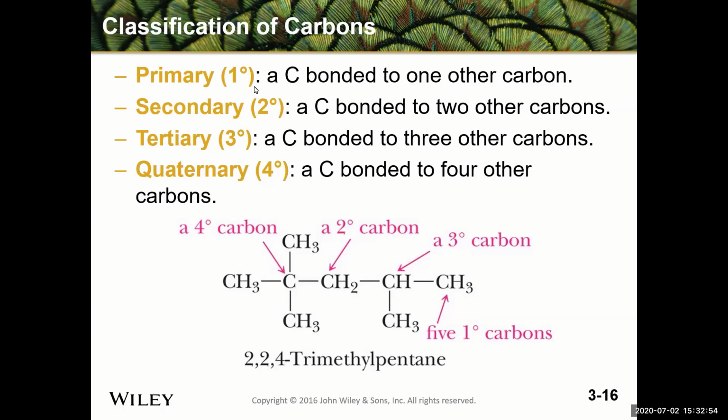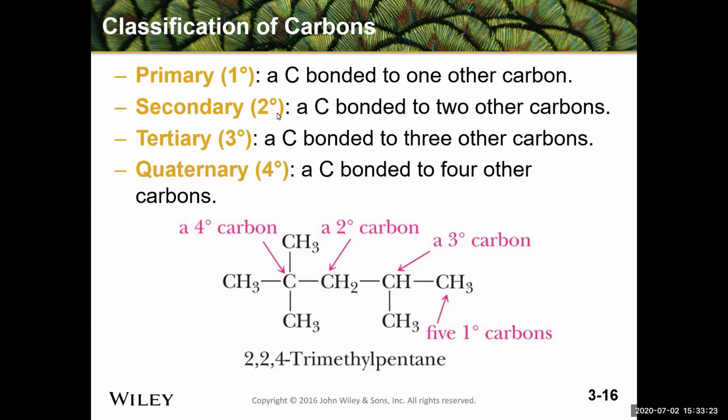A primary carbon is a carbon that's bonded to only one other carbon. So this methyl carbon is bonded to only this carbon atom. It only has one bond to the other carbon atom. So this is a primary carbon in an alkane. This is also primary. This is primary, this is a primary carbon, and this is a primary carbon.